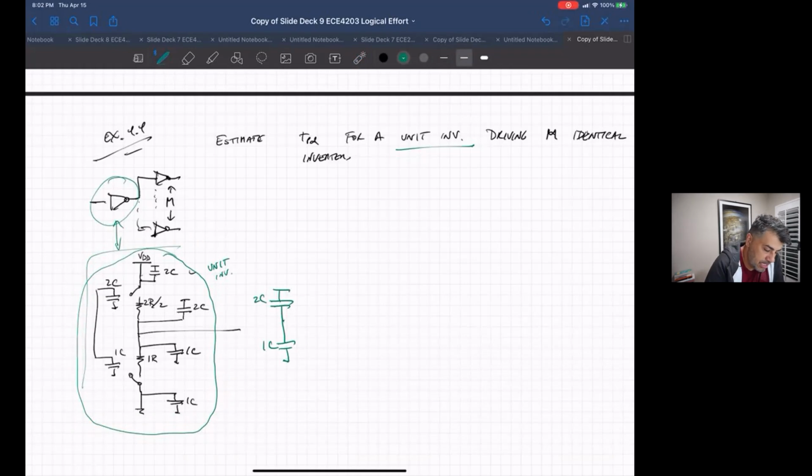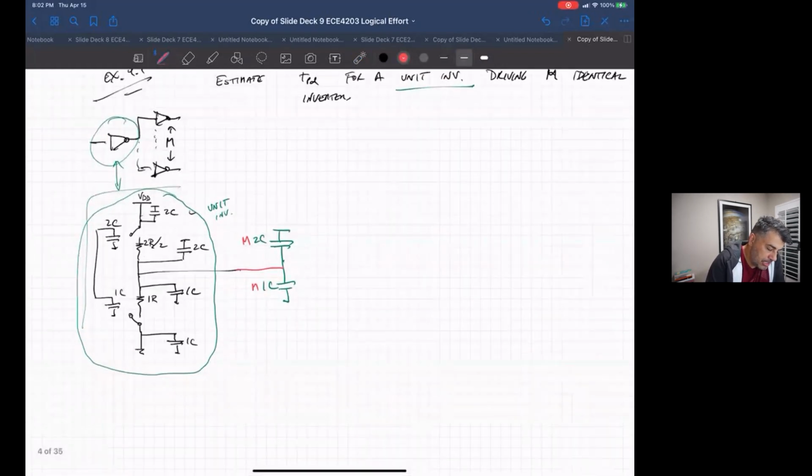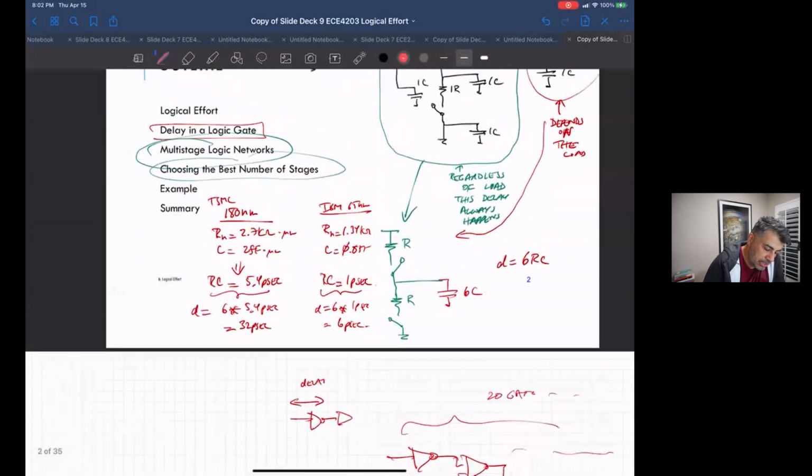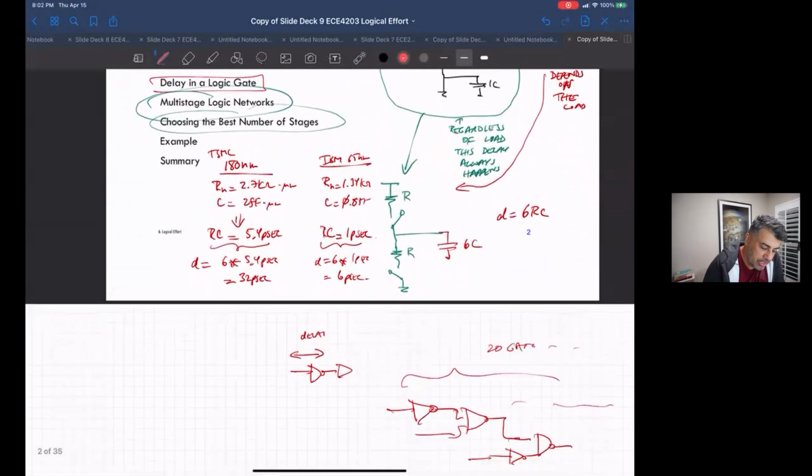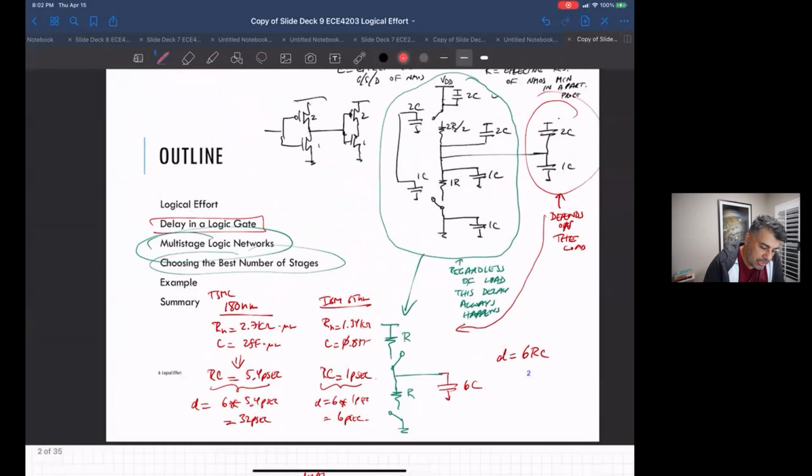It'll just be plain math: M times 2C and M times 1C. That's what you're driving. If you remember, we summed all these guys up as just 3C and an R.